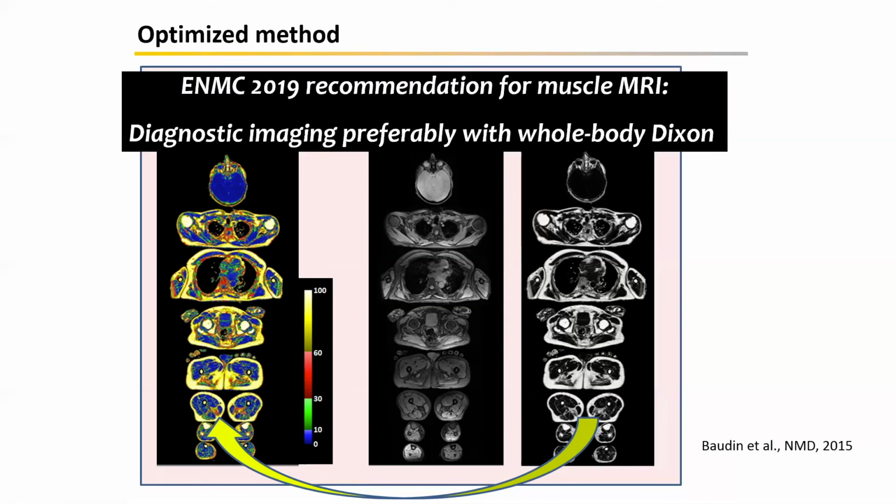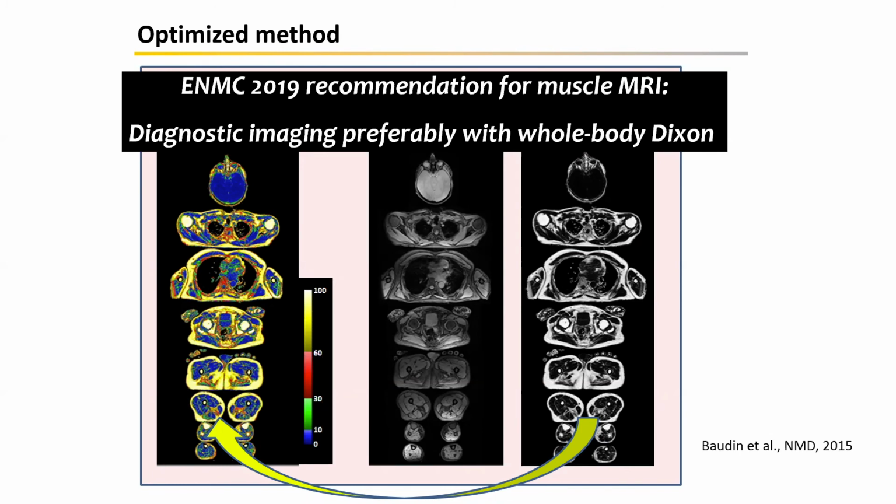And we were quite pleased that at the last ELMC meeting dedicated to muscle MRI, not later than a few weeks ago, the consensus has been that now for diagnostic imaging, the whole-body Dixon sequence should be preferred whenever possible. Whenever possible means when you have it on your machine and when your radiologist is ready to implement this approach.